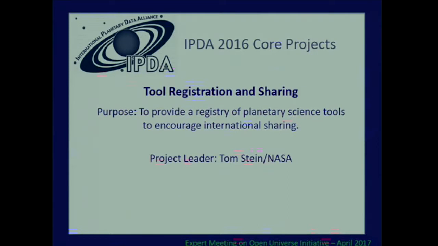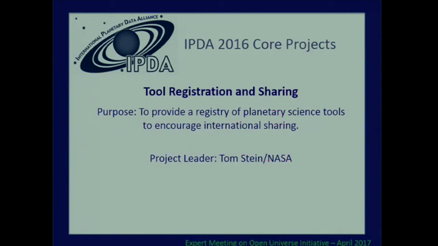Another project regards the third layer I mentioned before, which is the tool layer, which is a sort of repository for all the tools which can be useful for the planetary science community.